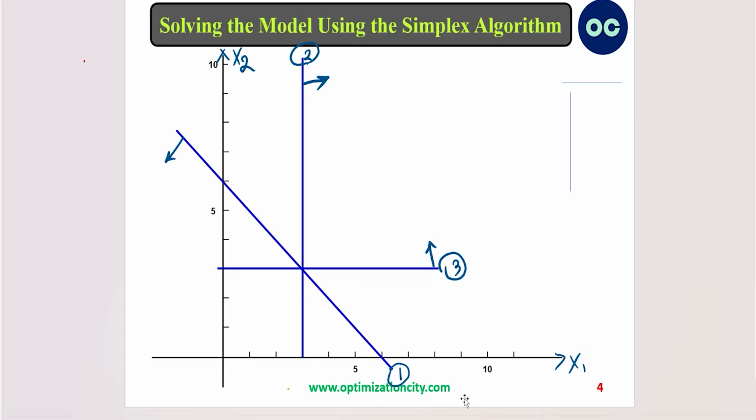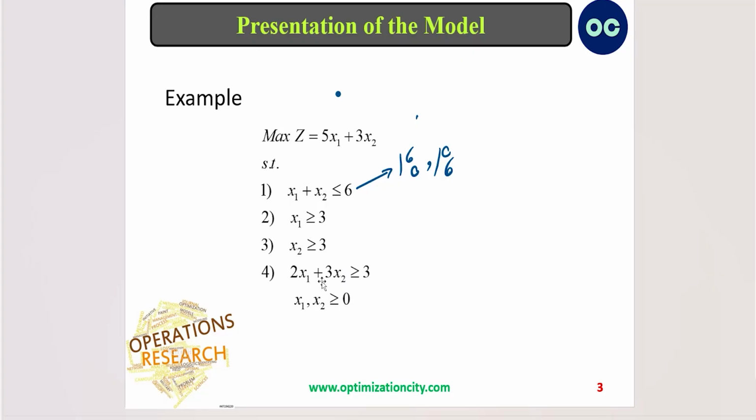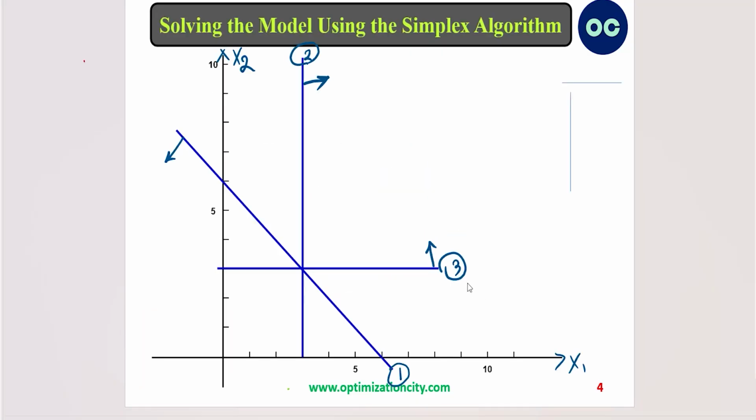The fourth constraint, 2x1 plus 3x2 is greater than 3, is drawn using 2 points. What are the 2 points? 1.5, 0 and 0, 1. Plot the line.